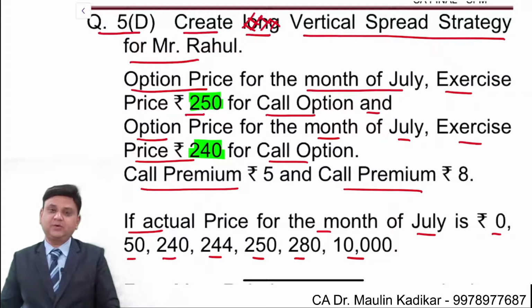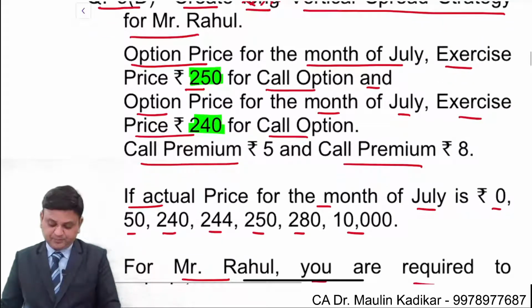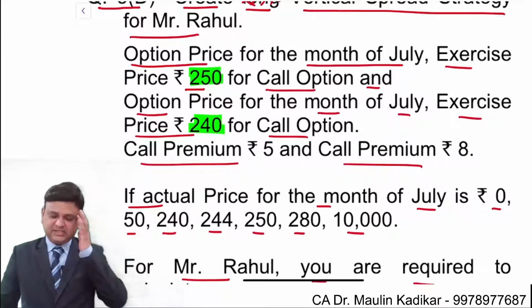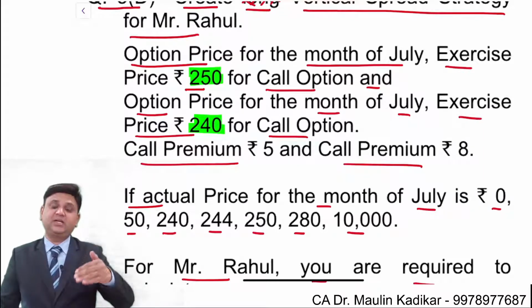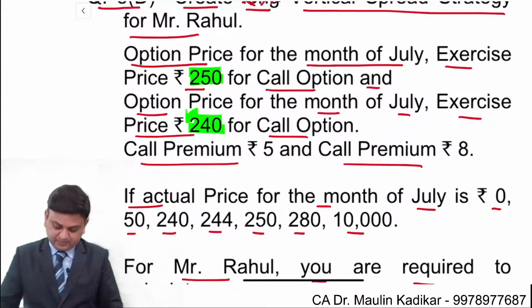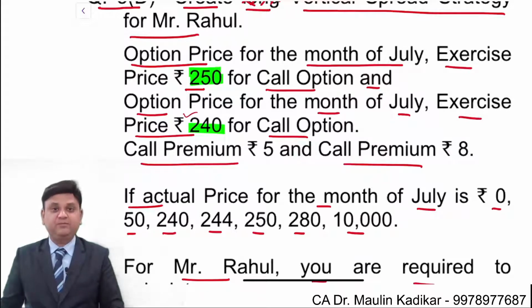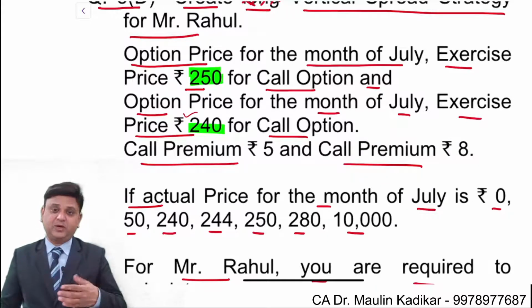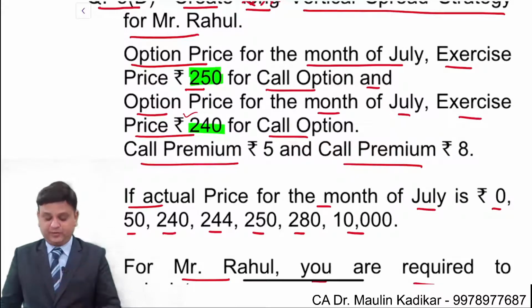Friends, over here importantly we understand that investor is expecting the price of the security to go up. So we can say that the option having a relatively lower exercise price, that is 240, will have more payoff. Option having exercise price 240 will have comparatively more payoff in comparison to 250.